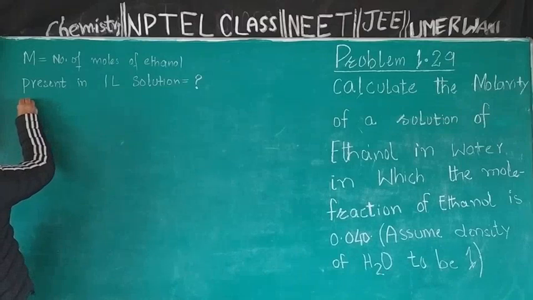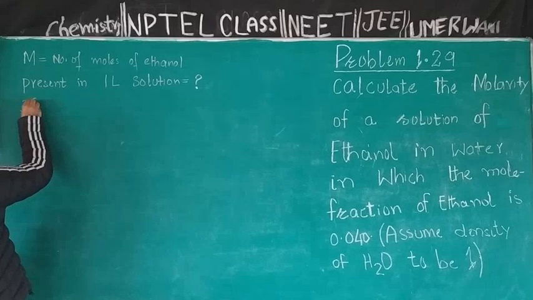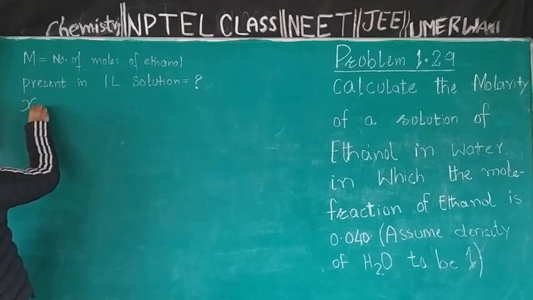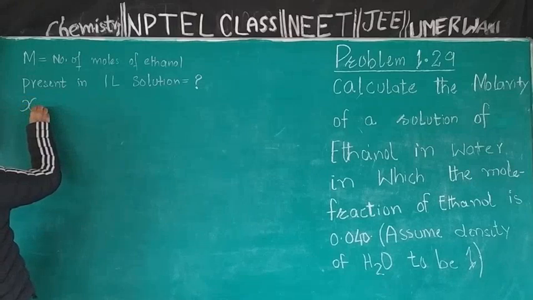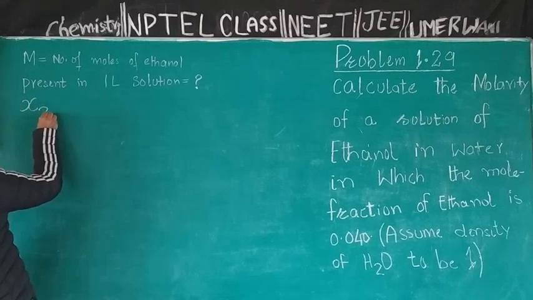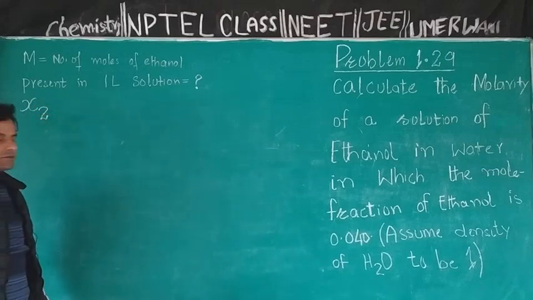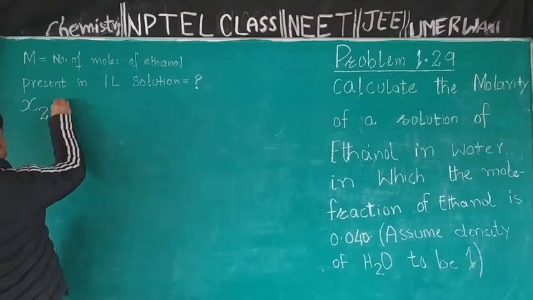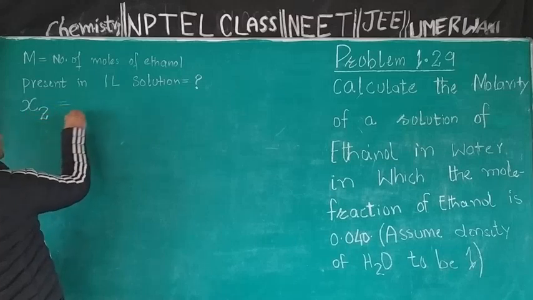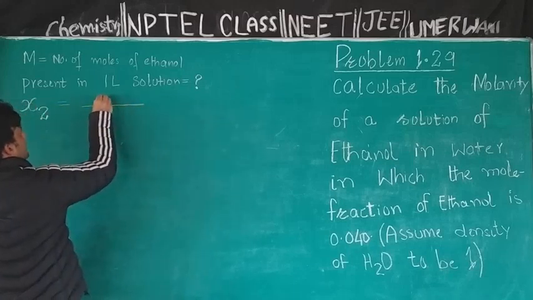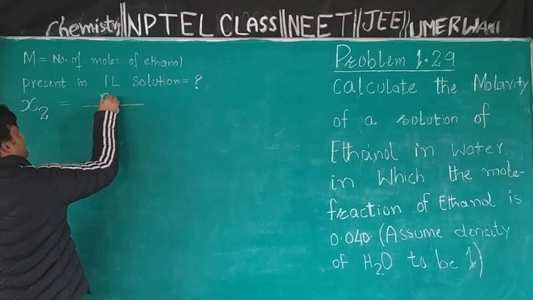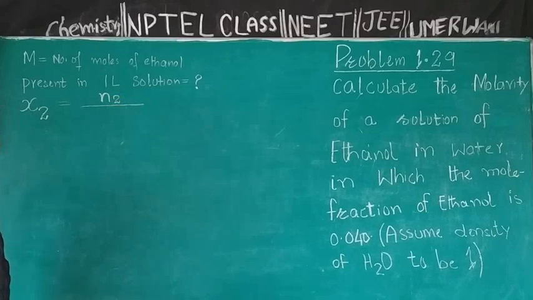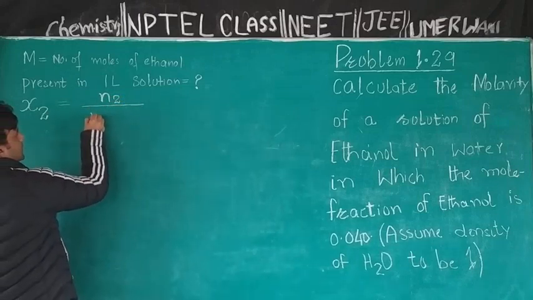Second is mole fraction of solute, and mole fraction of solute is represented by X and is named as chi, and solute here is ethanol. Ethanol for us is 2 and water for us is 1. Mole fraction of solute ethanol represented by chi 2 is equal to ratio of moles of ethanol, that is N2, and total number of moles.